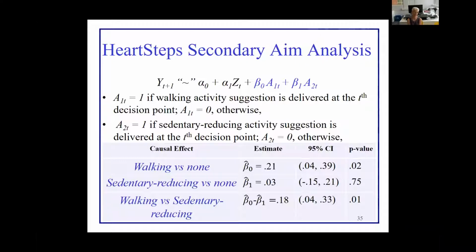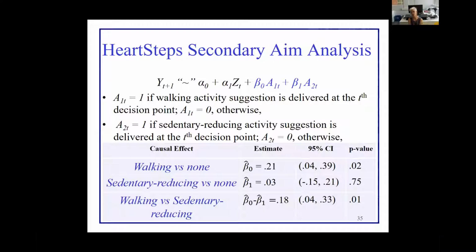Unfortunately, our anti-sedentary or sedentary reducing messages, they just didn't pan out. So we didn't really activate people to move. It didn't work, even though participants really liked this in exit interviews, but it didn't seem to activate them.